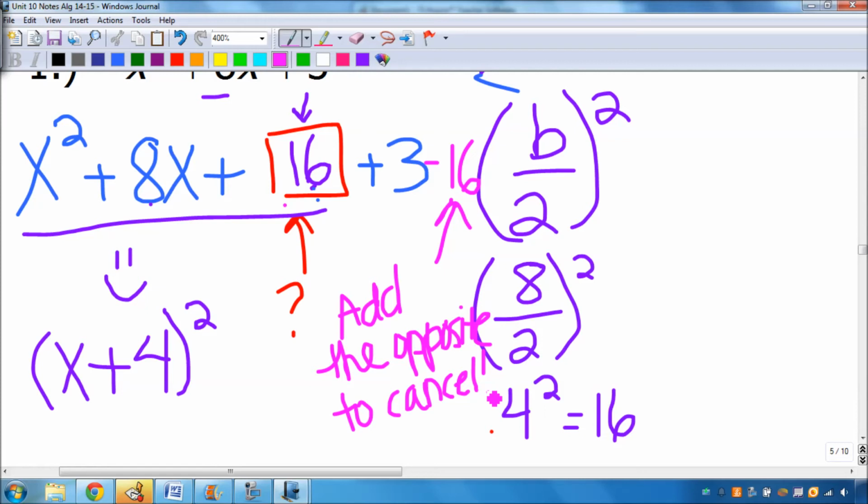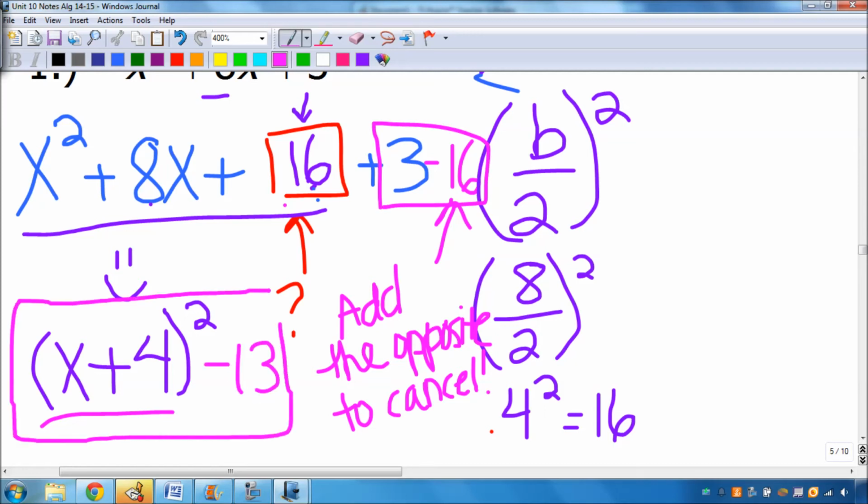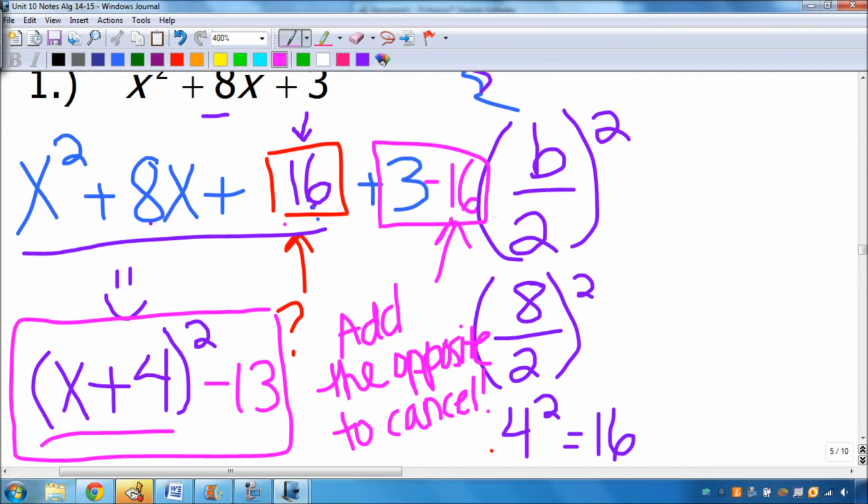All right, so you end up getting x plus 4 quantity squared, and then figure out what this is. When you combine these together, you get minus 13, which means that your original expression, this x squared plus 8x plus 3, is equivalent to x plus 4 quantity squared minus 13.